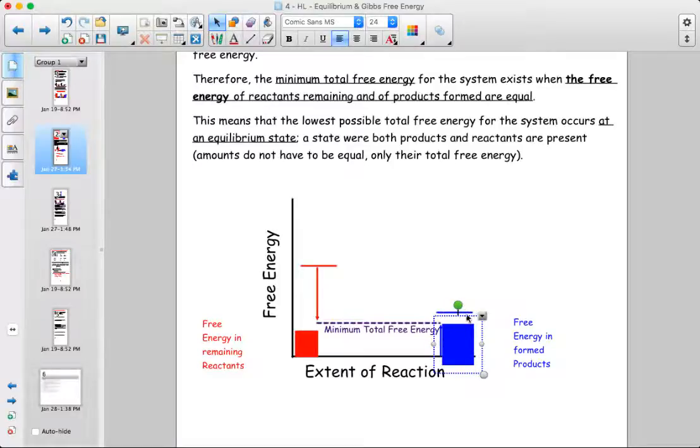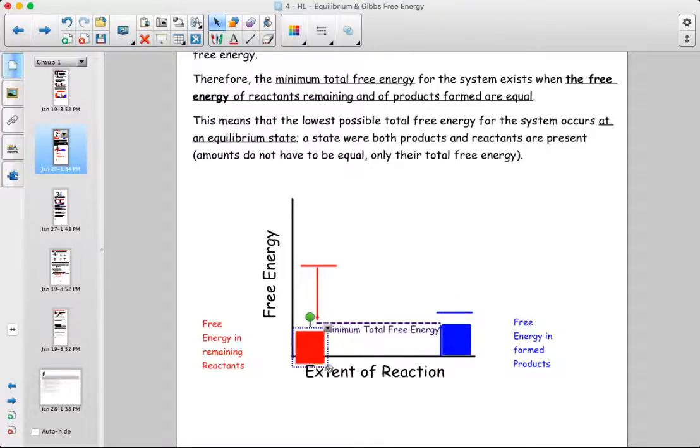And so if you make the reaction happen any more, you're actually putting in extra energy to form this new amount of product. So I'm going to undo those changes. See if I can regrow my rectangle there.